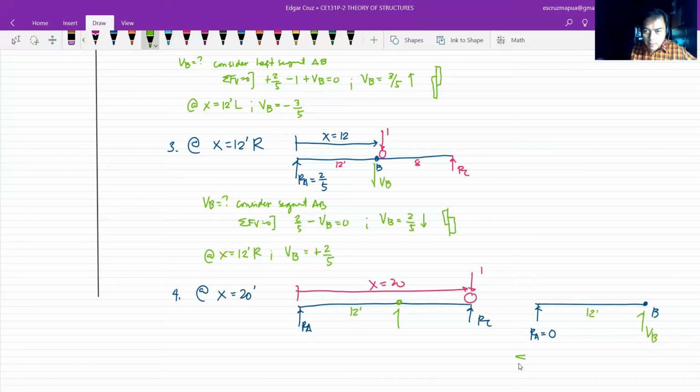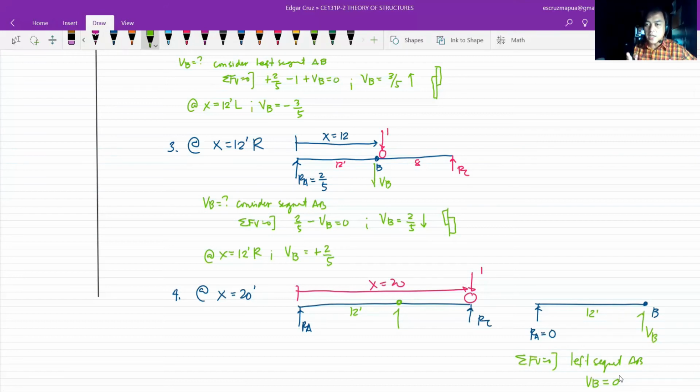O syempre pagka nag-summation forces vertical ka dyan, equal to 0, left segment uli, AB, it could say that the shear at B would be equal to 0, right? Kasi yung unit load natin nasa kanan na segment eh. So wala siya dun sa segment na kino-consider natin, segment AB.